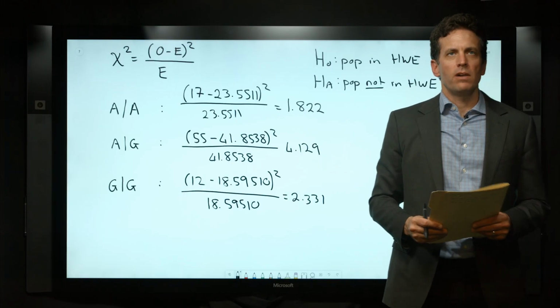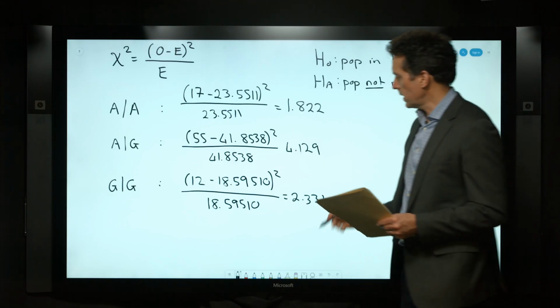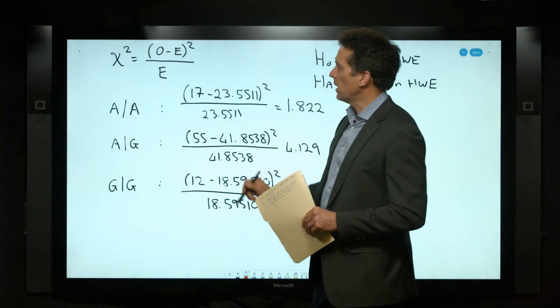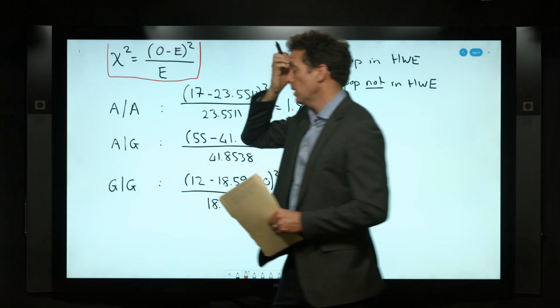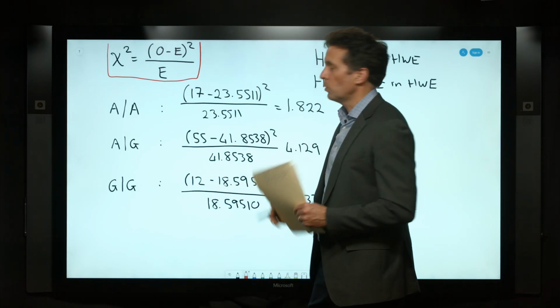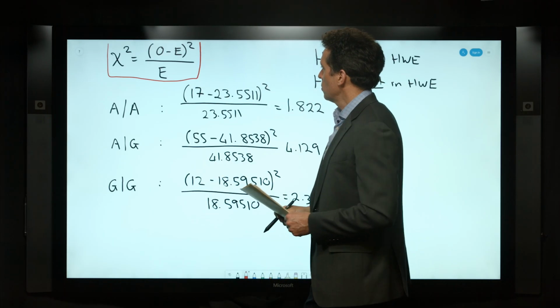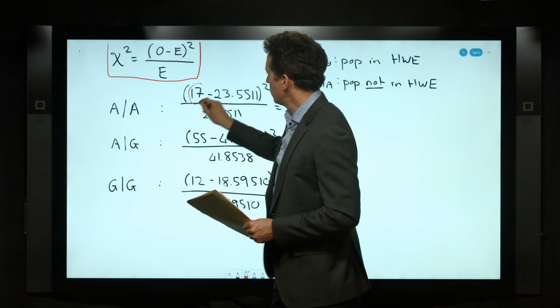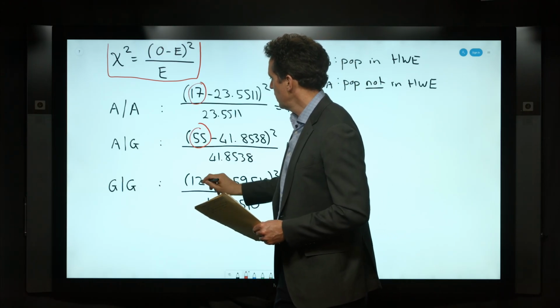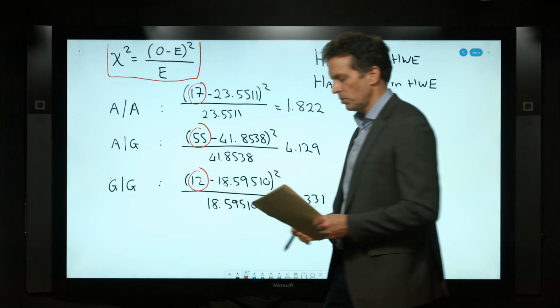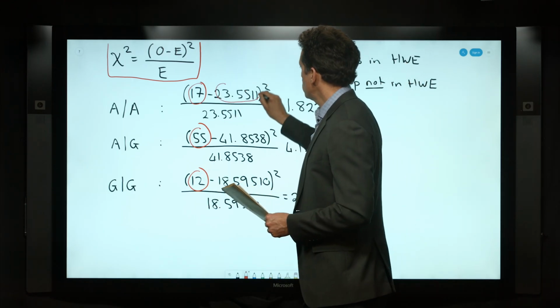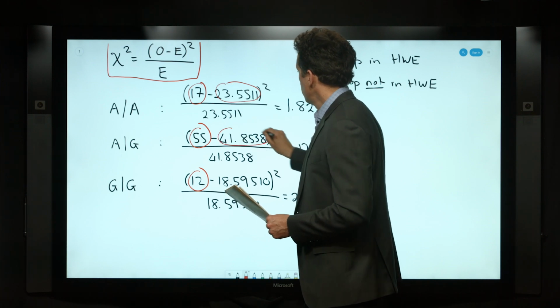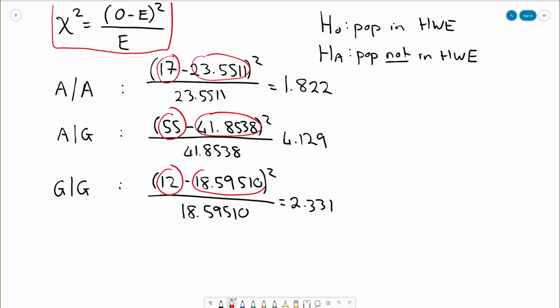All right, so here I've worked through that calculation. As I said, we are going to use the chi-square test statistic, and here is the formula written over here again, in case you've forgotten it, which hopefully you will remember for the rest of your life. We have the observed value for each of the genotypes here, 17, 55, 12, which sum up to 84 individuals. And over here, for each of those genotypes, we have the expected value that we computed using the Hardy-Weinberg equilibrium relationship.